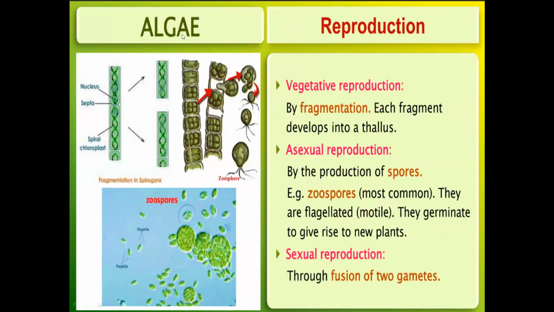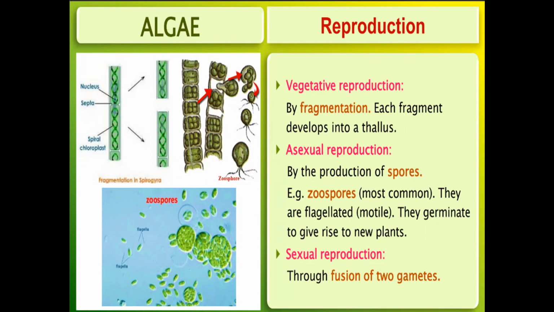Next is algal reproduction. So write algal reproduction. Reproduction is vegetative, asexual, and sexual reproduction.